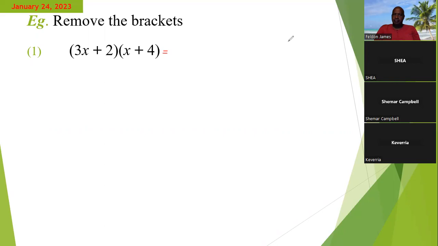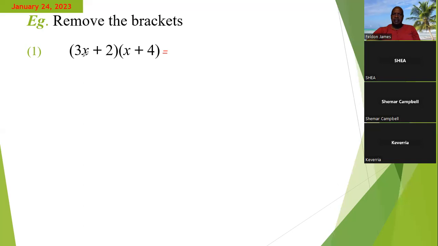So we're going to remove the brackets now. Well, I like to label them first. So the 3 in this case would be A, and 2 would be B, and X would be C, and 4 would be D. So we're going to multiply 3 times X, which would give us 3X squared.